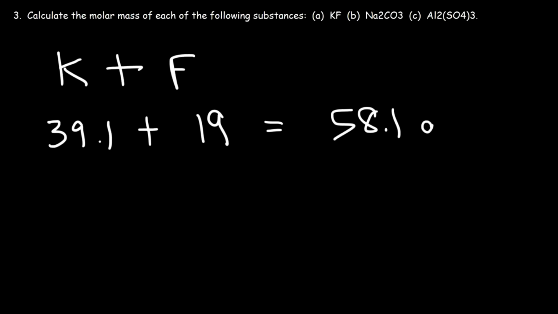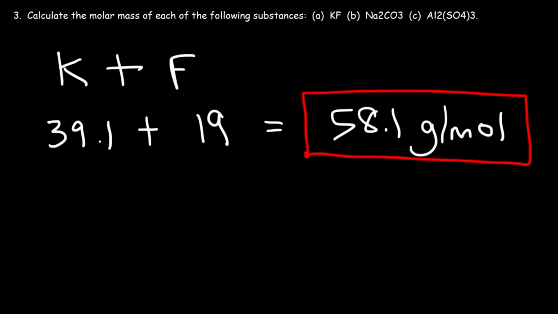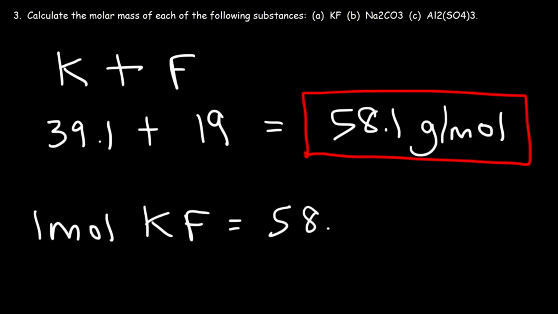And the units will be grams per mole. So that's how we could find the molar mass of a substance. So what this means is that 1 mole of potassium fluoride has a mass of 58.1 grams. So make sure you understand what is meant by the molar mass. It tells us the mass of the substance if we have 1 mole of that substance.